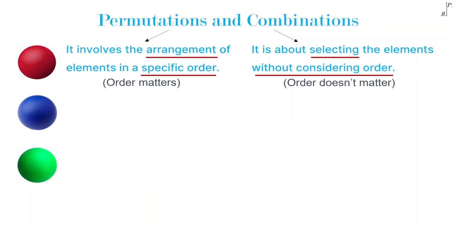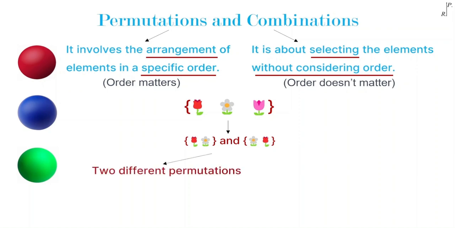Consider a set of three flowers: rose, daisy, and lotus. Now, imagine taking two flowers from this set as subsets: rose daisy and daisy rose. Now in permutations, rose daisy and daisy rose are two different permutations, since the order is being considered.